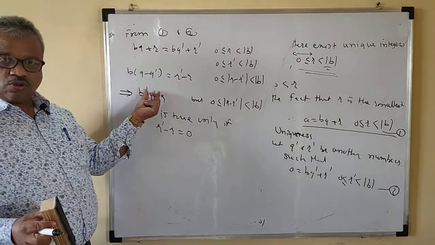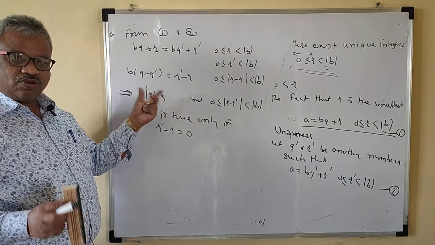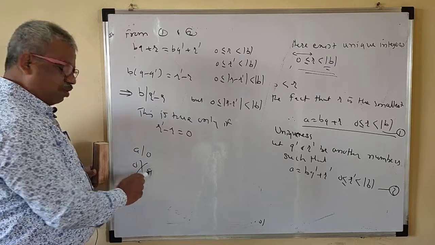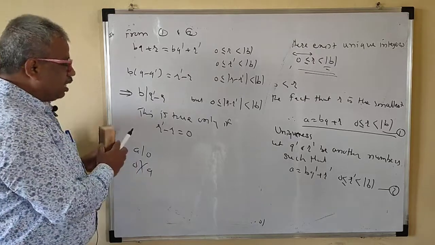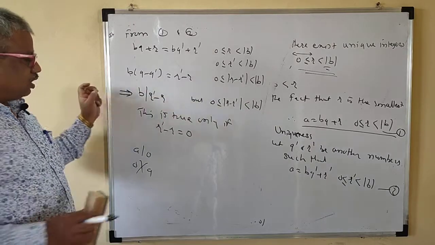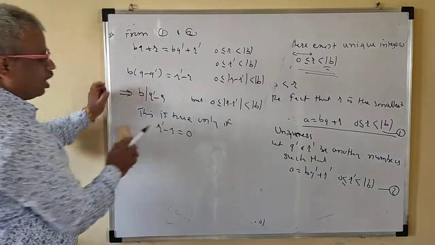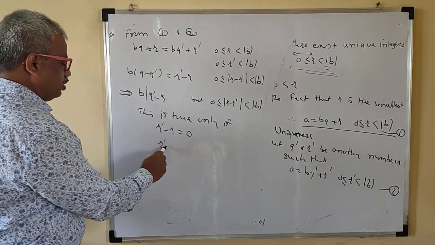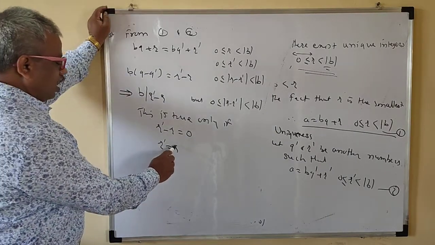Because only when the second number is 0, A divides 0, but 0 does not divide A. So that means mod B is greater than this one, so this happens only when R dash minus R is 0. That is, R dash is equal to R.